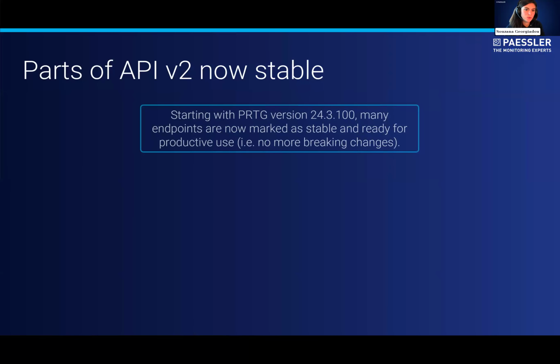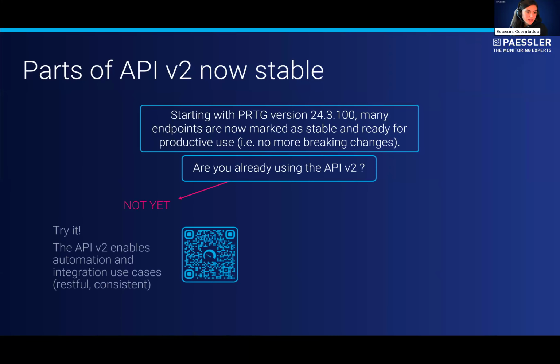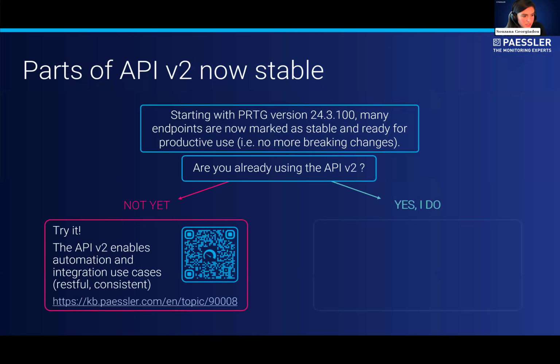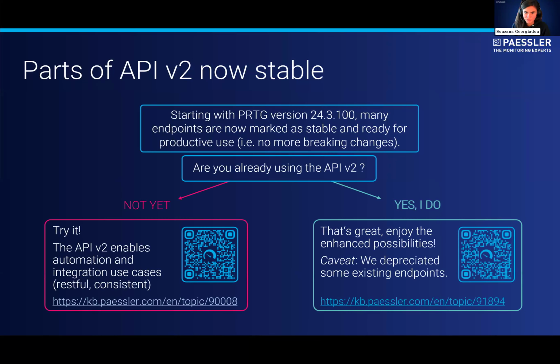So the API v2. The API v2 is basically a REST API to interact with PRTG. And we're working really hard to try to support most use cases, integration use cases, and automation use cases.